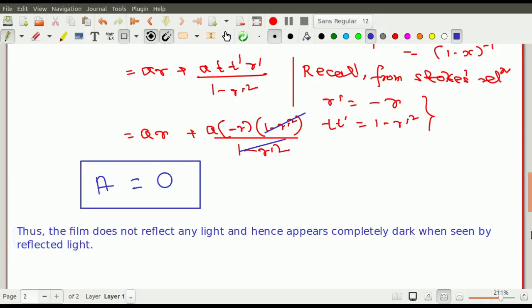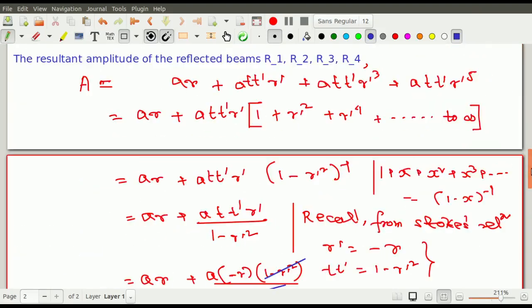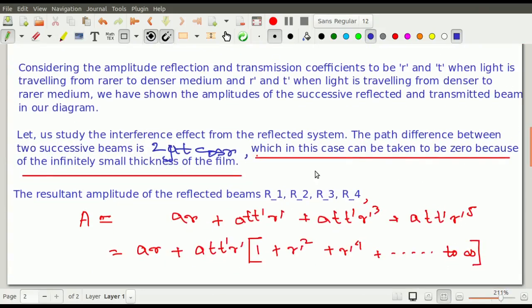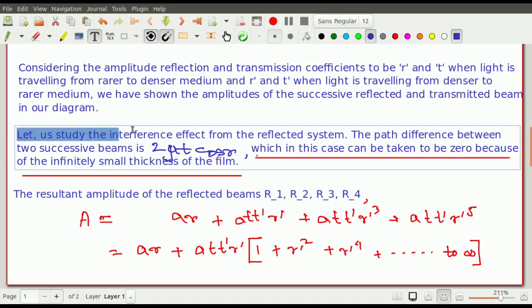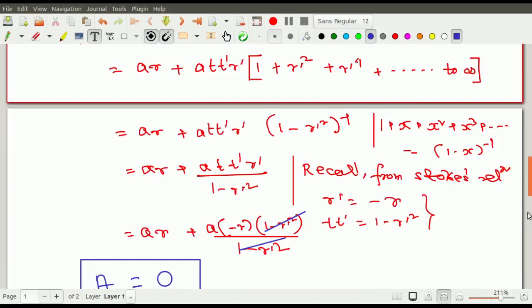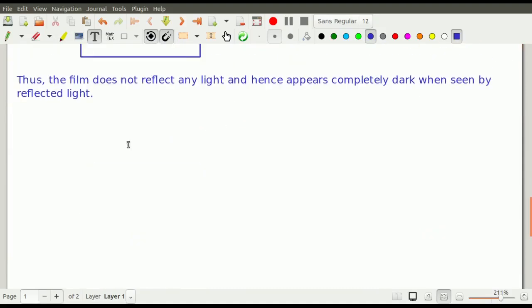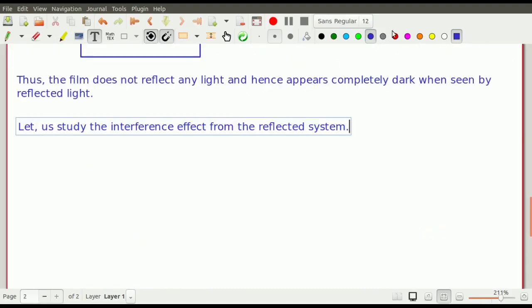Let us now study the interference in the transmitted beam. I write it over here. Let us now study the interference effect from the transmitted system.